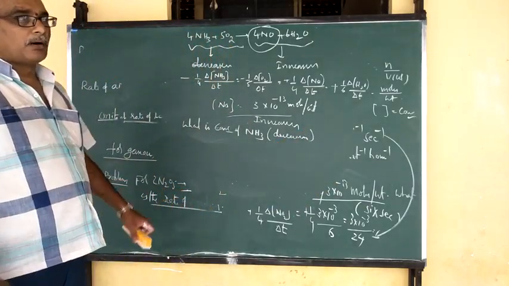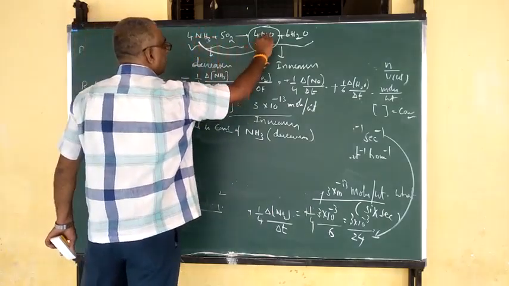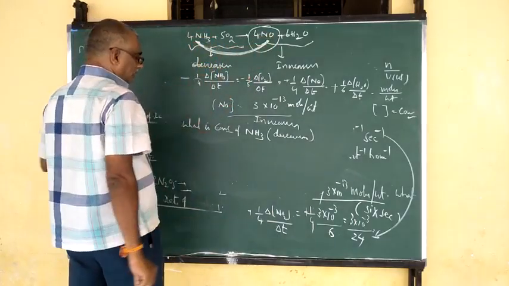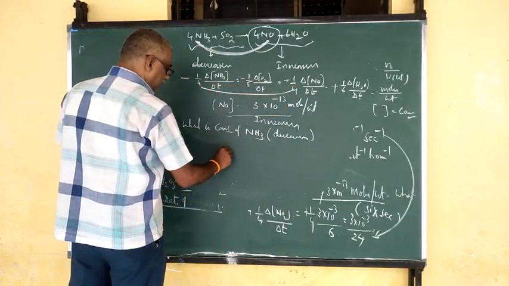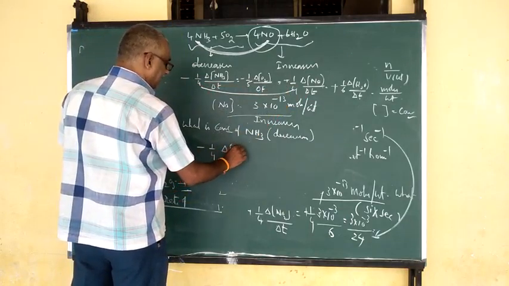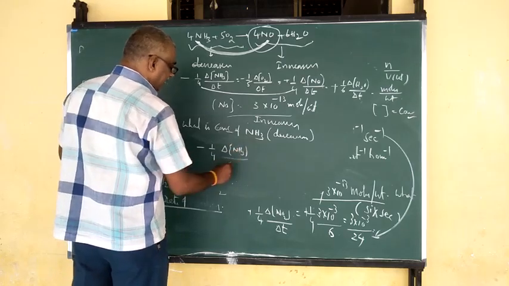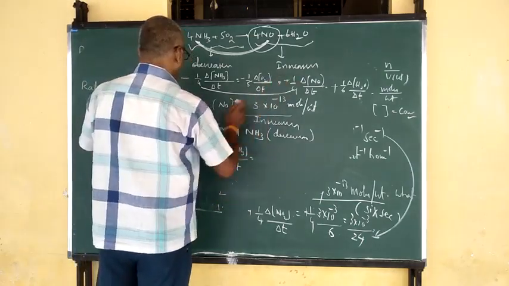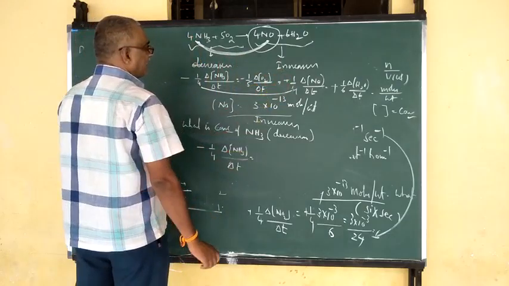Now we can observe in this problem, based on ammonia versus nitric oxide NO, first you have to consider these two only. Now minus delta of NH3 divided by delta T is equal to, here 1 by 4, here also 1 by 4.